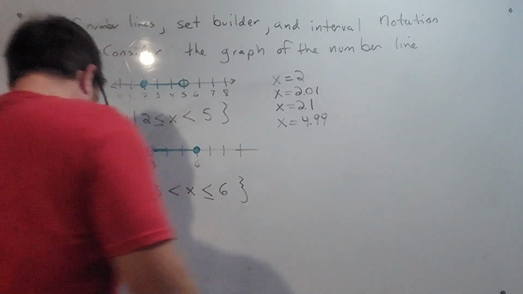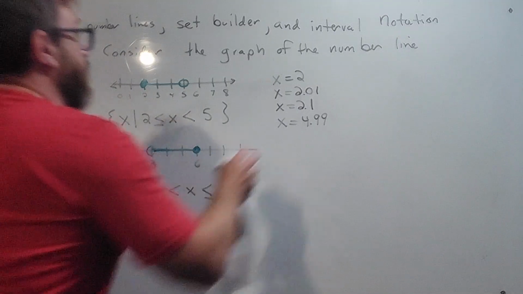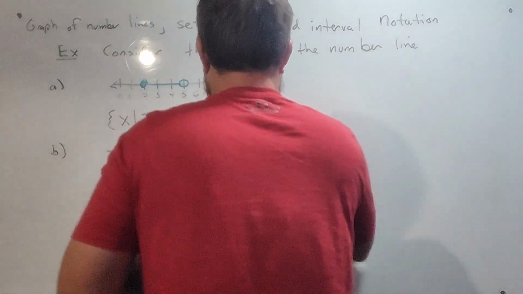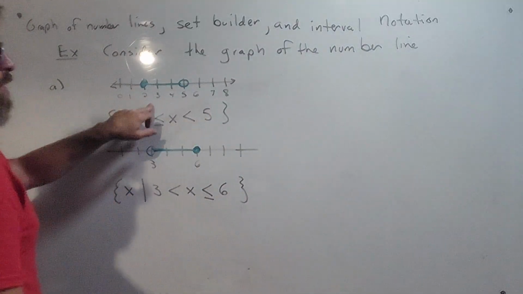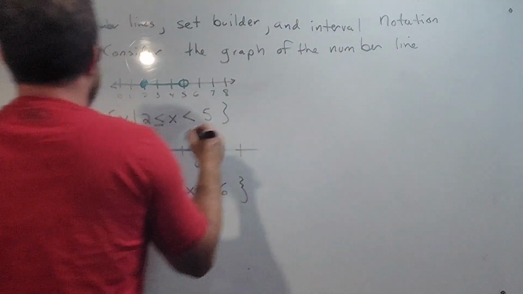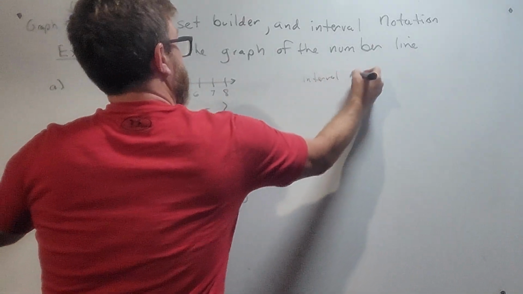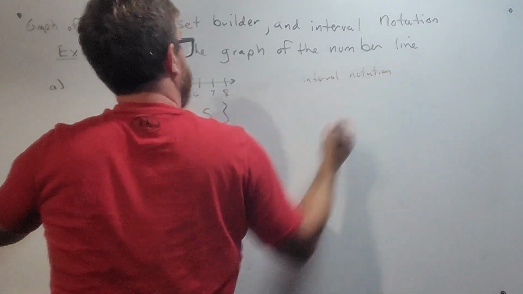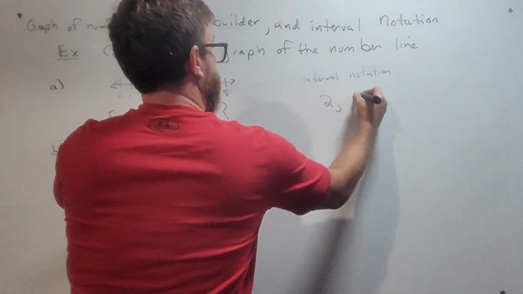Now in order to write these things in interval notation, we'll do them over here. If I want to write this exact same set in interval notation, so this would be set builder, this will be interval. It's going to go from 2 to 5.